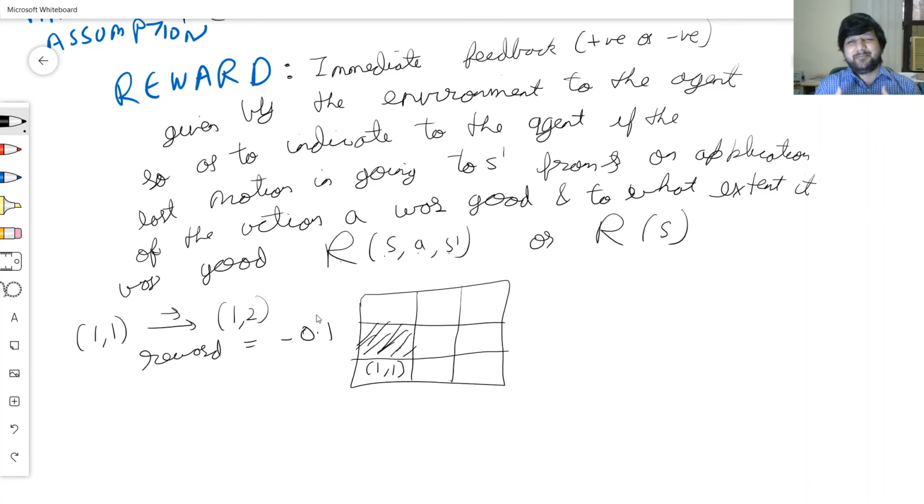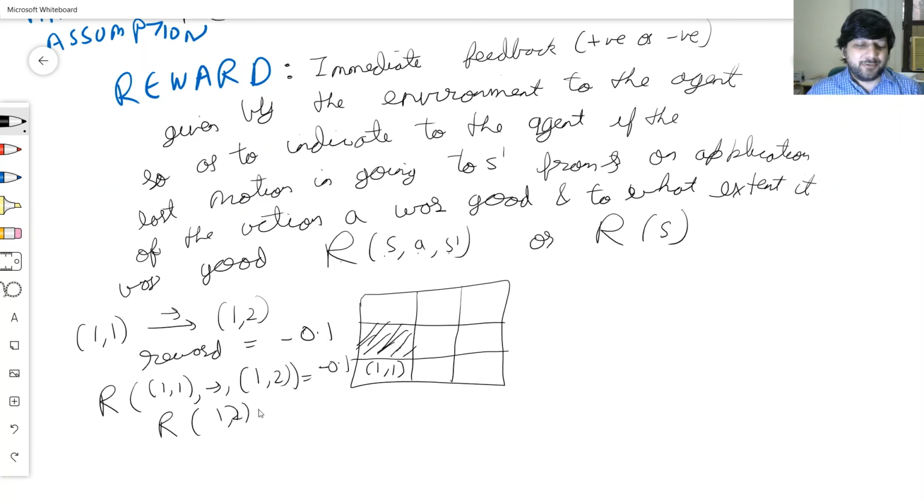Because my legs will ache a little bit. So I'm saying that it wasn't very pleasing that I took a step and my leg started aching. So I say the reward in going from 1, 1 on the action right to 1, 2 is equal to minus 0.1. Otherwise, I say the reward in going to 1, 2 is equal to minus 0.1, whichever way you say.